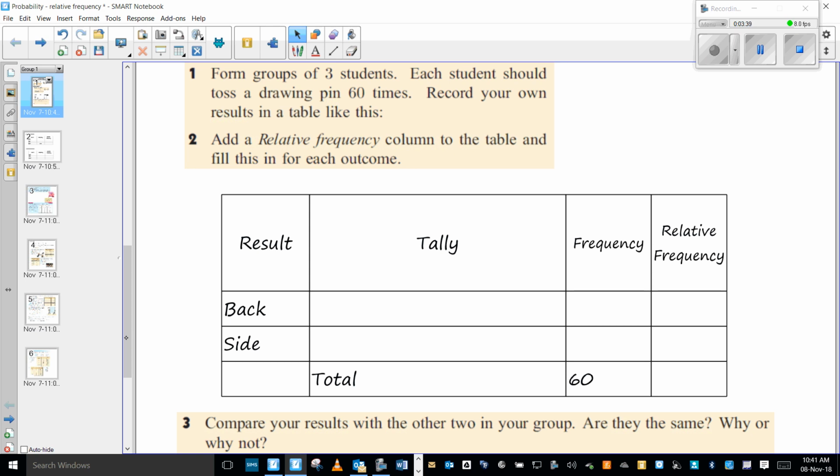Okay? You're going to each do it 60 times. Okay? 60 times. Alright, so for example, if I had 26 and 34, it would be 26 over 60 and 34 over 60. And we know that the total of that would be 1 or 60 over 60.